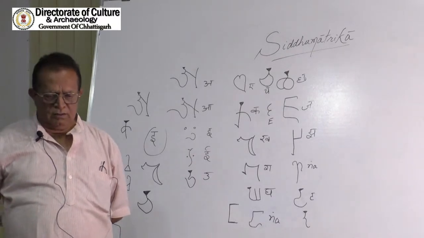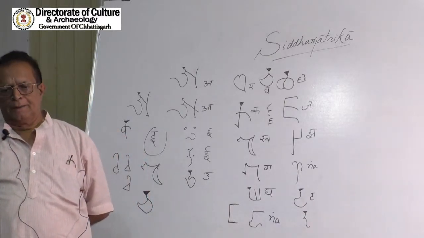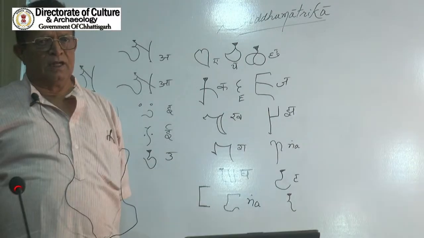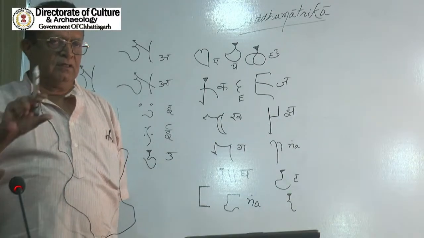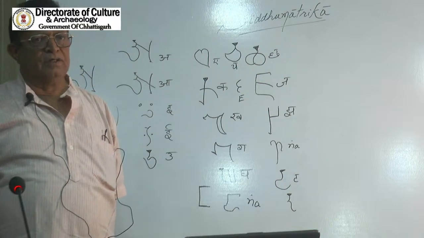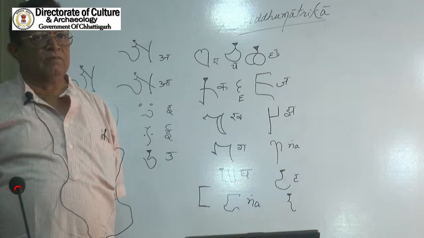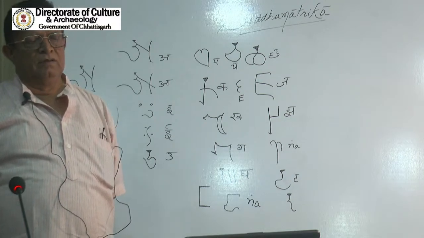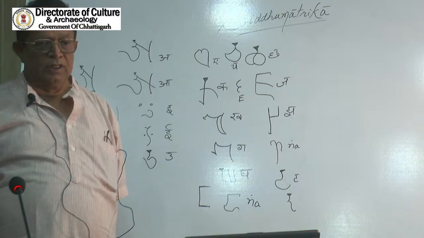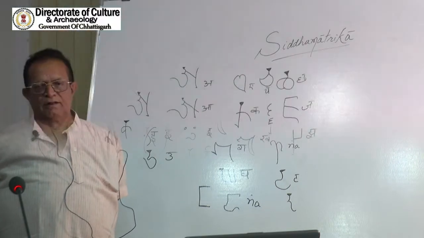Almost all published by the great scholar Vogel, and B.C. Chhabra. They have brought out two books, Antiquities of Chamba State. The first volume contains stone inscriptions with a very detailed description of the monuments and the inscriptions that are there.